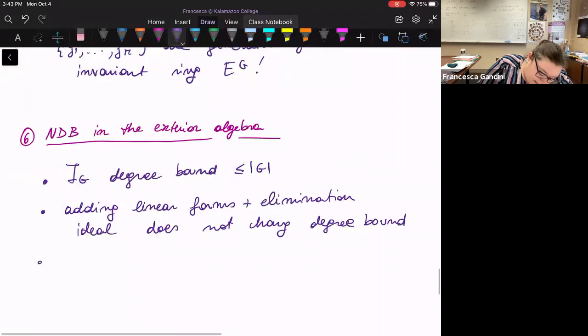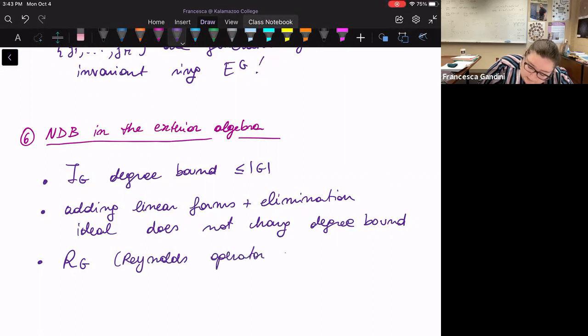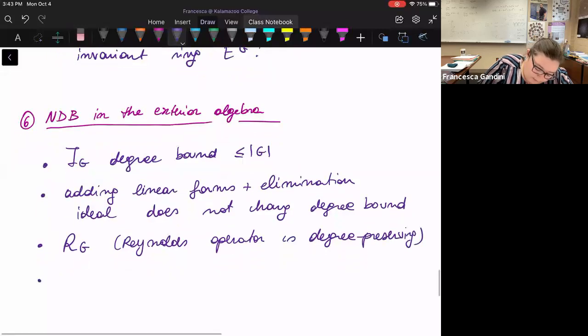And then applying the Reynolds operator to get invariants also does not change the degree bound. So I would say RG, the Reynolds operator, is degree preserving. And so we still get the same bound for the invariant ring.